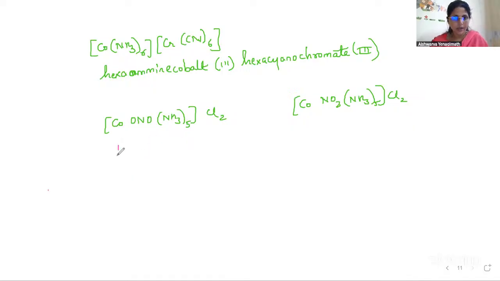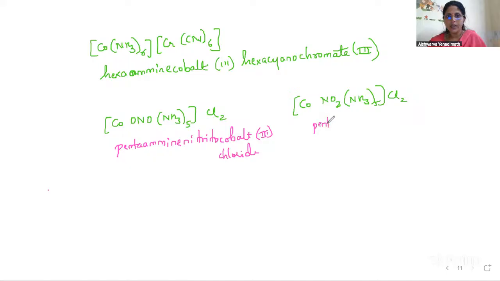So pentaammine nitrito cobalt 3 chloride. And here you write it as pentaammine nitro cobalt 3 chloride. Is that right? So these are some of the examples to make you all understand how to do the nomenclature.